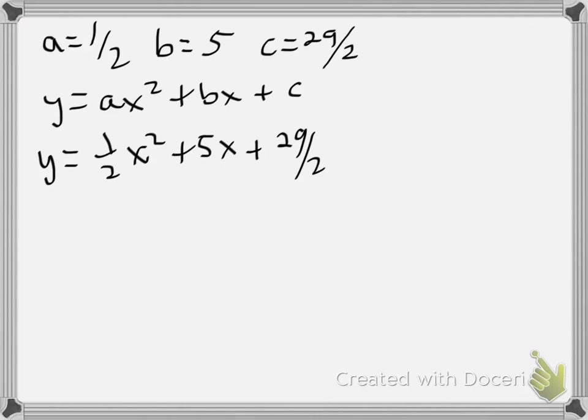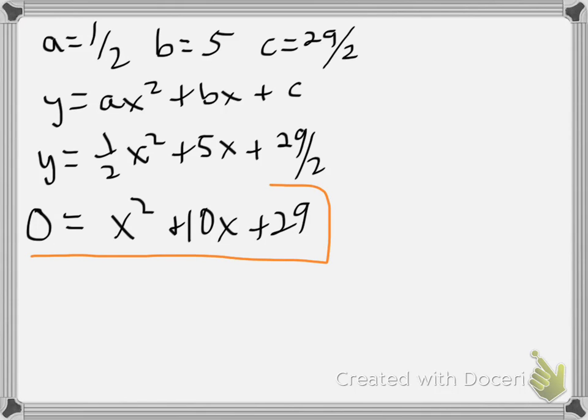It worked in the quadratic formula, so you can have it as y or 0. And I'm going to multiply everything by 2, so I'm going to get x squared plus 10x plus 29. And there is one possible answer. This is another possible answer I would take. Okay? You could even have this thing multiplied by 10 if you wanted. But those are the most basic two forms that you're going to see in the answer. So that was number 22.